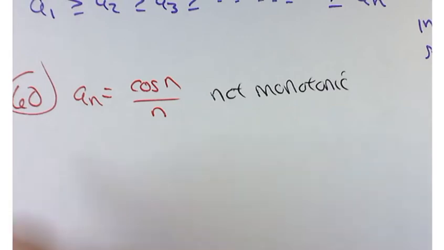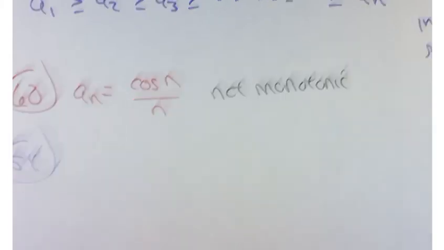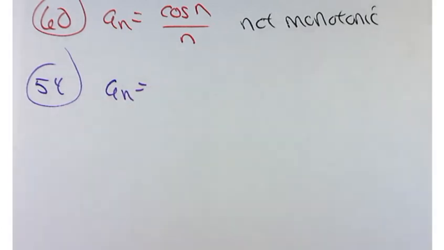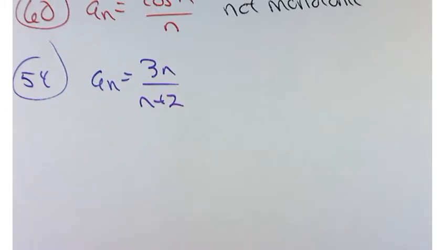Okay, how about problem number 54? In this case, a sub n is 3n over n plus 2. And maybe it wouldn't hurt to look at that one, at least in terms of our tables.